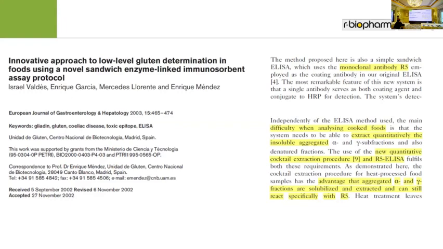Therefore, he developed this new cocktail extraction procedure that he describes here in this publication. With this cocktail, he was able to extract the subfractions from gluten quantitatively and got good recoveries.